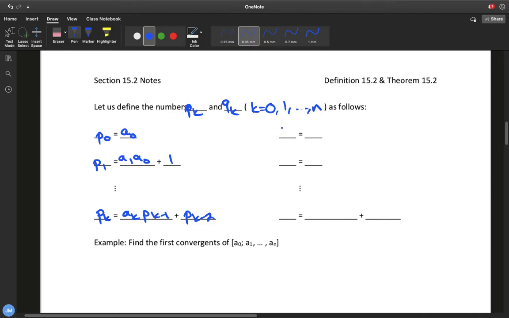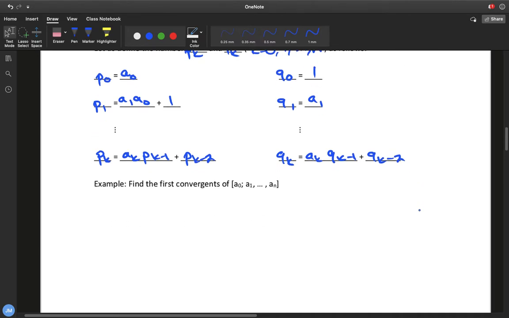In a similar manner, let's define Q: Q sub 0 equal to 1, Q sub 1 equal to A sub 1, and then recursively we'll define Q sub k to be equal to A sub k multiplied by Q sub k minus 1 plus Q sub k minus 2. Okay, so let's go ahead and find a few convergents for A sub 0 up through A sub n. In fact, we're going to find the first 3 convergents, starting with C sub 0.